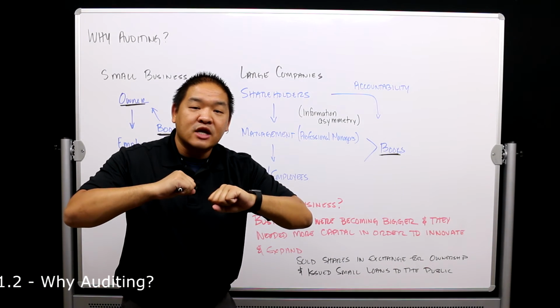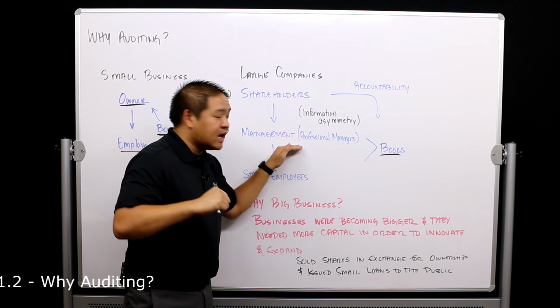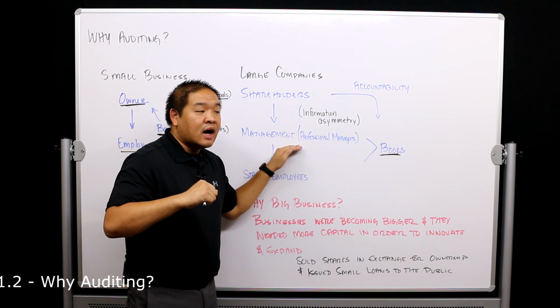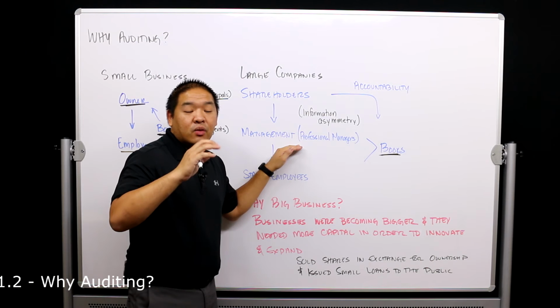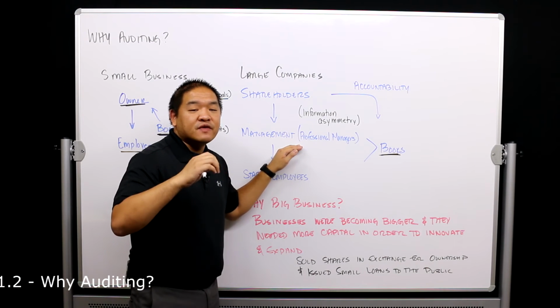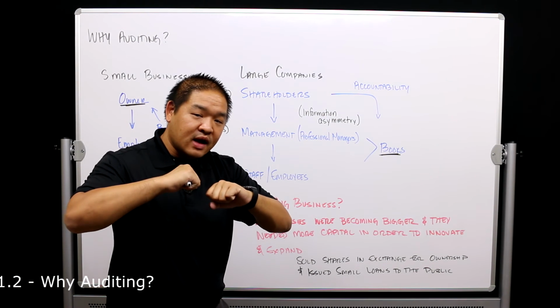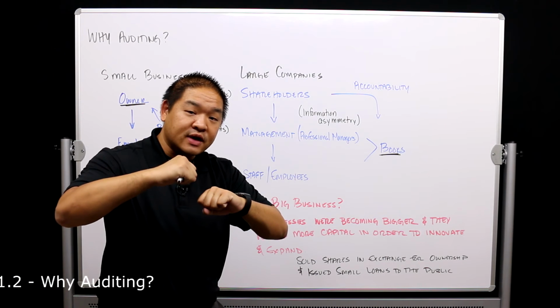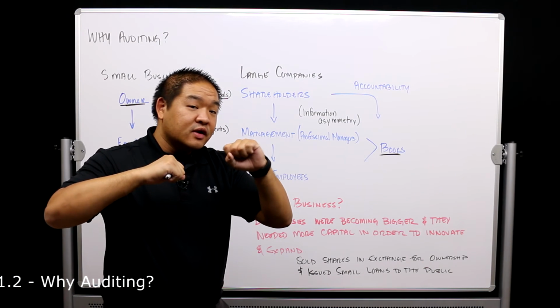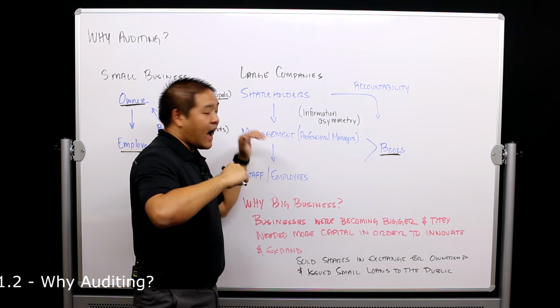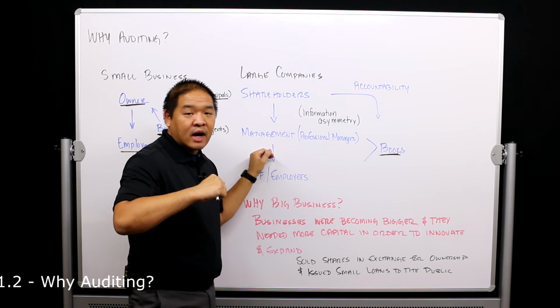So, management may have a bonus coming to them if they can raise their revenues. Well, management's going to find any way to raise those revenues in order to get their bonus. Okay. Now, what shareholders don't know is how they're doing that, and it may or may not be ethical.